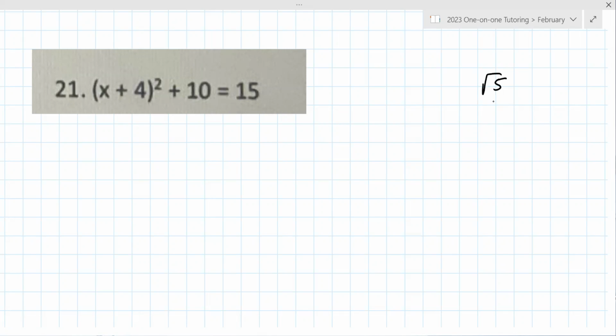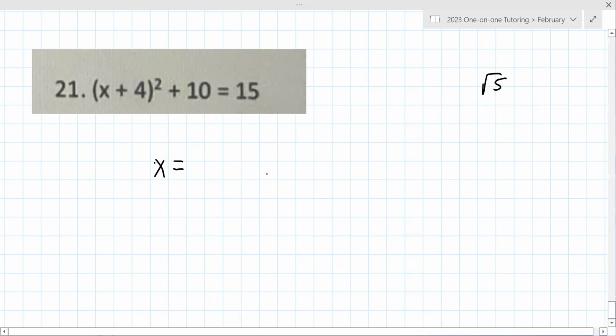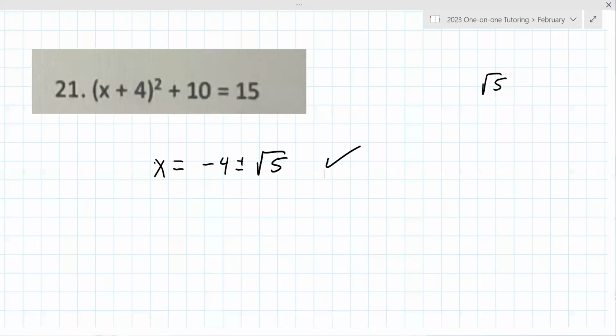Do you have a final answer for me? Yeah, x equals -4 plus or minus the square root of 5. All right, really good.